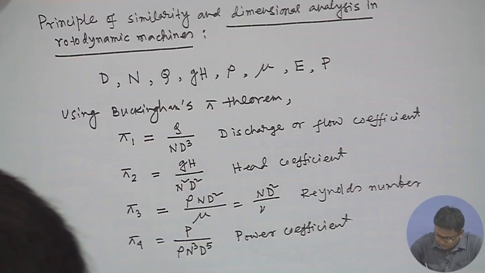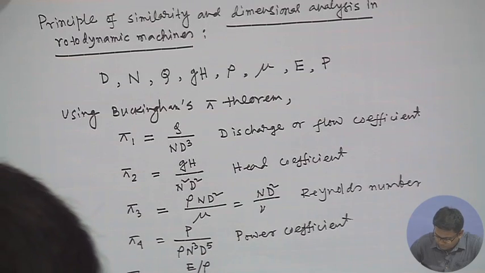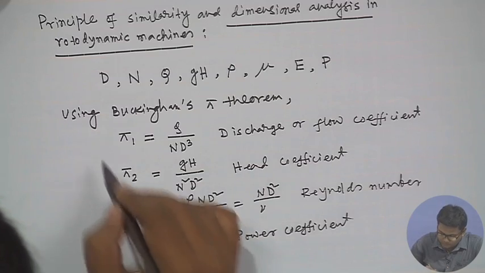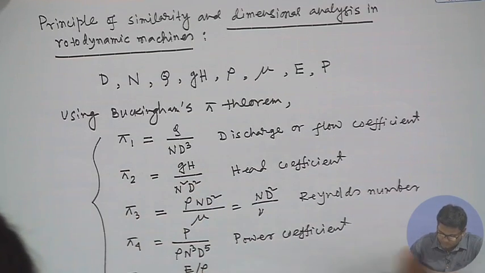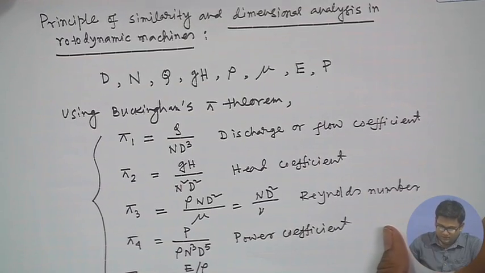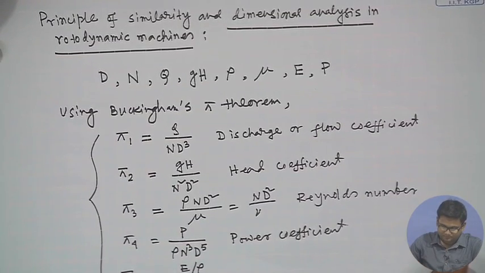And the last pi term is E by rho divided by n square d square. So, these 5 pi terms govern the different characteristics of rotodynamic machines.